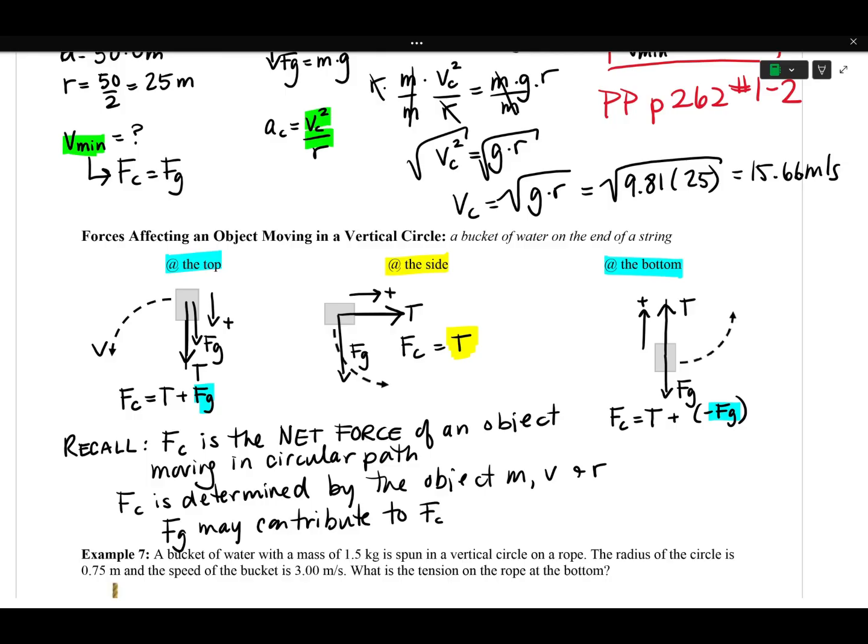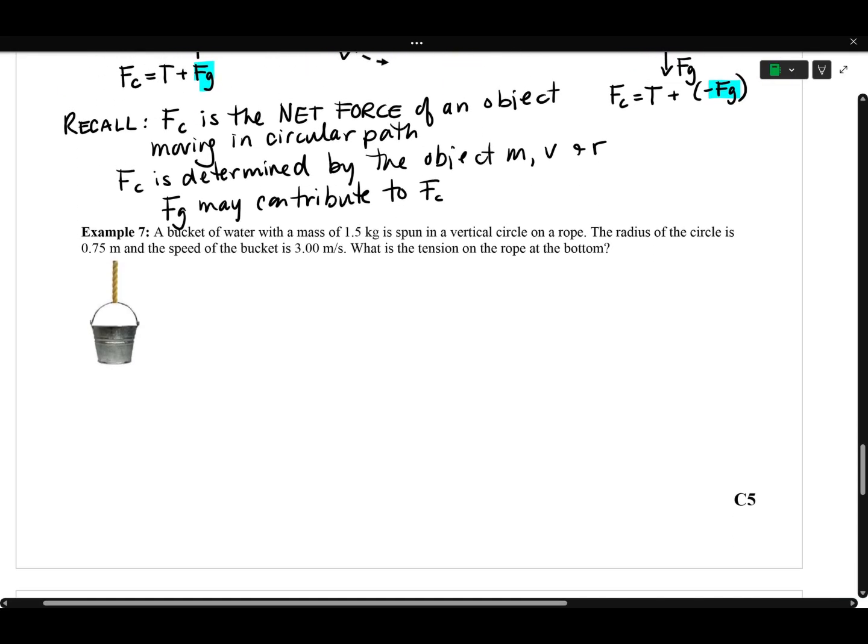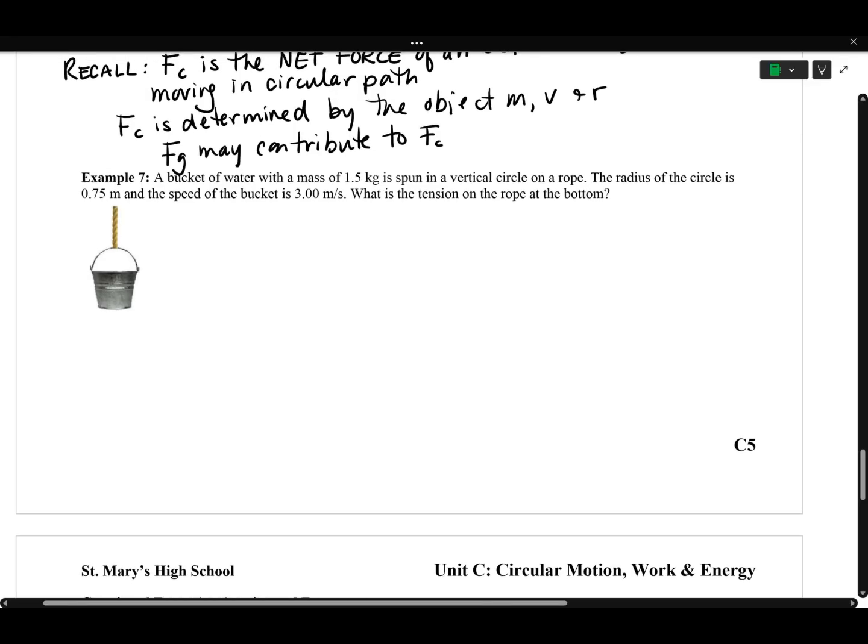Remember, Fg will always be there, it just might not be in the direction of the centripetal force.